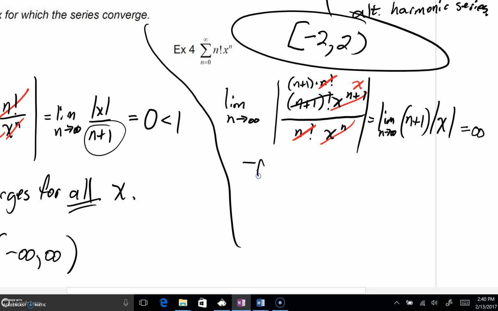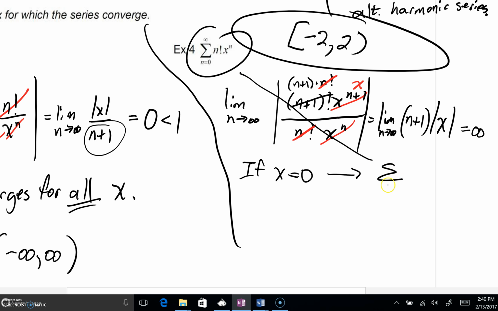If x equals 0, not close to 0, but if x literally equaled 0, this sigma would become a very funny looking kind of formula. You'd have n factorial times 0, and oh my goodness, 0 times anything just wipes out. You'd forever add up to 0. 0 plus 0 plus 0. This will be convergence.